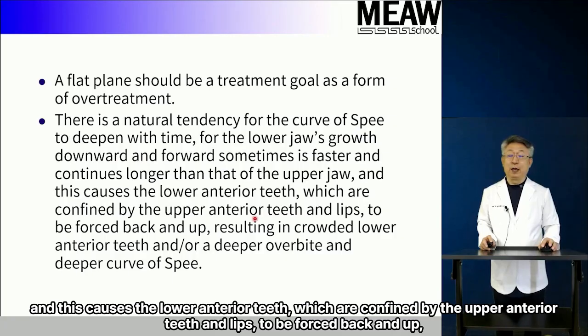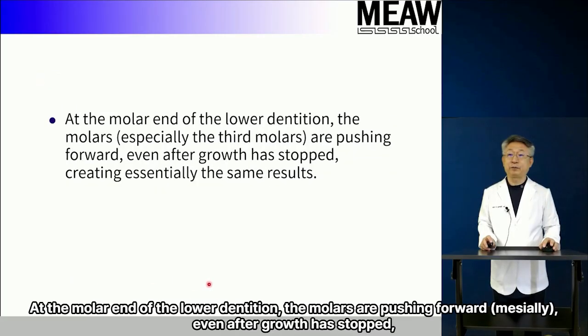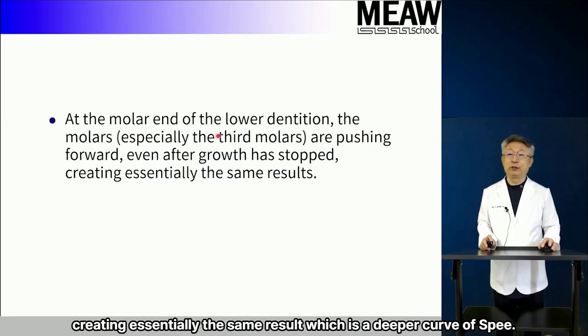And this causes the lower anterior teeth, which are confined by the upper anterior teeth and lips, to be forced back and up, resulting in crowded lower anterior teeth and/or a deeper overbite and deeper curve of Spee. At the molar end of the lower dentition, the molars are pushing forward mesially, even after growth has stopped, creating essentially the same result, which is a deeper curve of Spee.